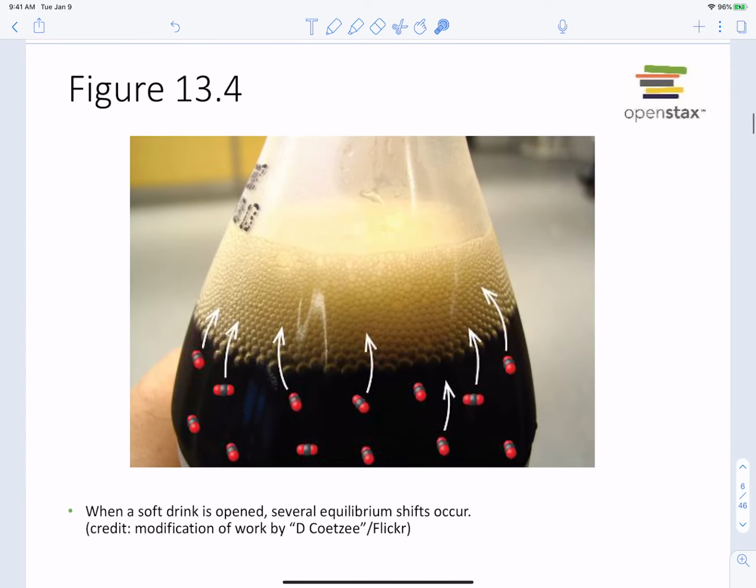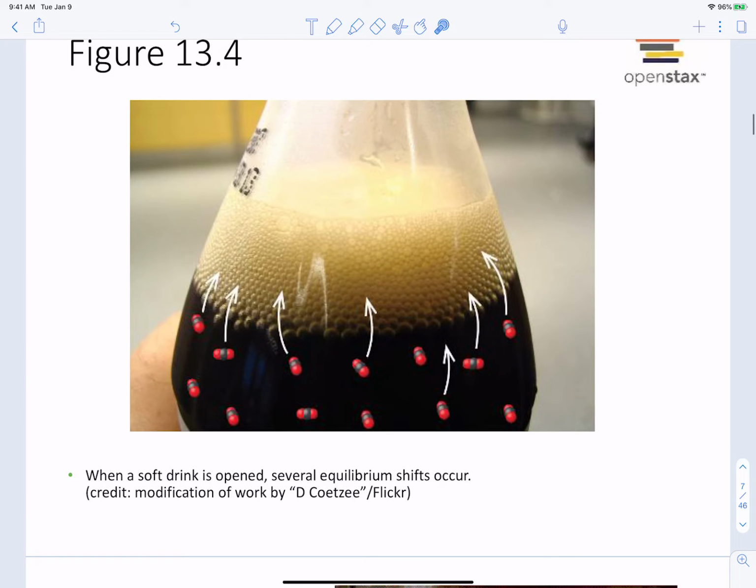And we see the same thing if you open a bottle of soda. A bottle of soda contains large amounts of carbon dioxide molecules dissolved in water, and when you release the pressure, several equilibrium reactions happen, and one of them, of course, is carbon dioxide, which is present in aqueous solution, will now go to carbon dioxide in the gas phase, and this again is a reversible reaction.